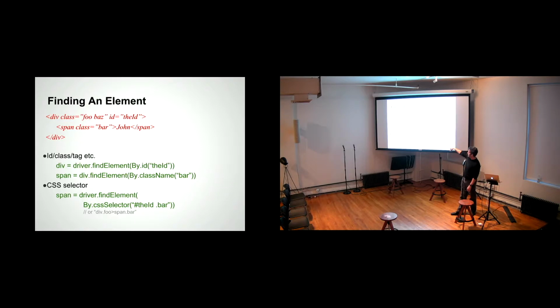Whatever is written here, we can do in one line. By CSS selector, the ID and the class name with a dot before it. Or alternatively, you can use something like div.foo, which gets me the div with class foo, and inside it span.bar, which gives me the span with class bar.